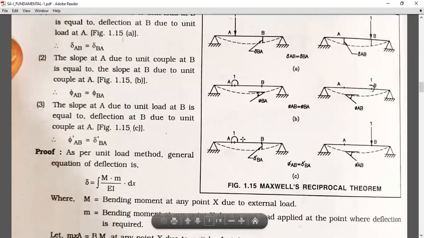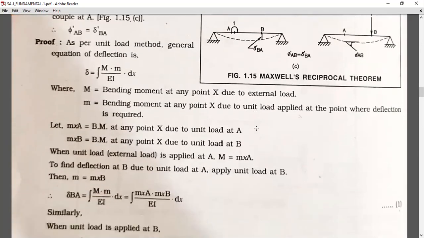Okay, so let us look at the proof of this. As per the unit load method, the general equation of deflection is delta is equal to the integral of M m by EI into dx. Capital M is equal to the bending moment at any point x due to external load.